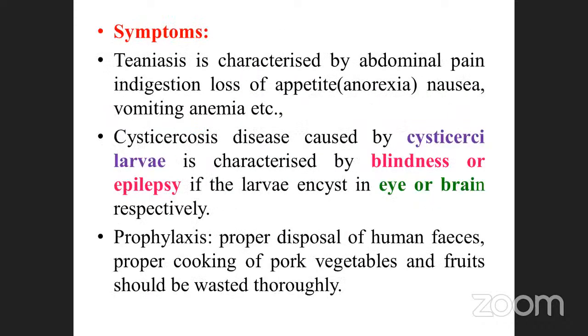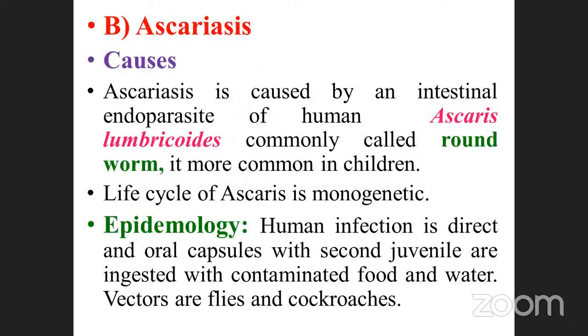And then today what we are going to discuss is Ascaris, otherwise called ascariasis. It is also one of the endoparasitic diseases. It is otherwise called roundworm. Okay, see the cause.